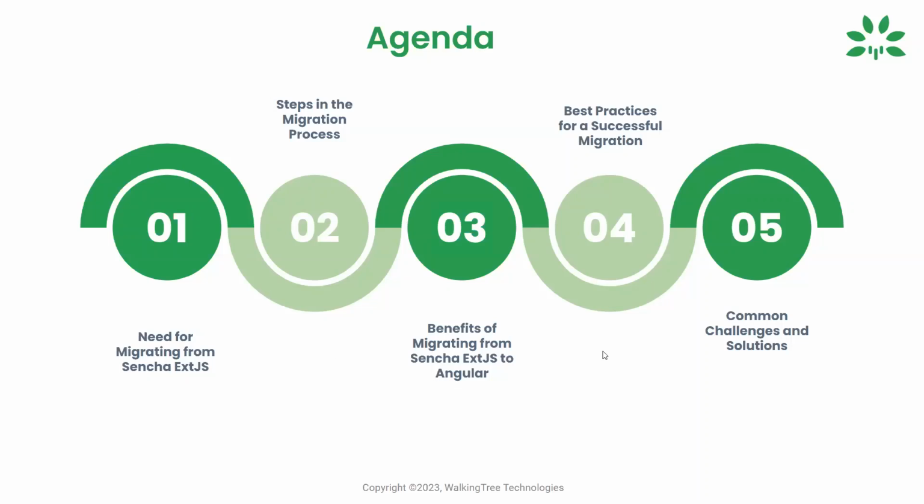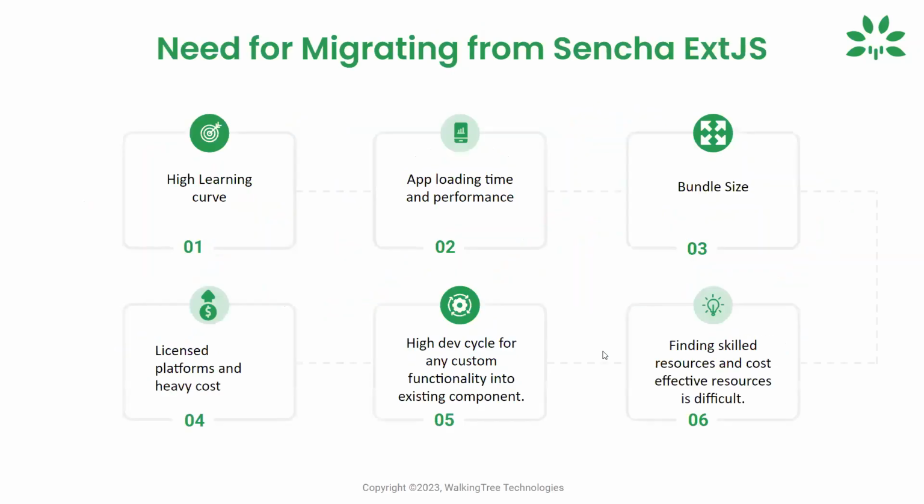Okay. So let's move on to understand the need for migrating from a Sencha Ext JS application. As we know, I'm expecting everybody joining this call understands, or at least has a little experience with Sencha Ext JS. When we talk about Sencha Ext JS, the 140 plus pre-built UI components, extensive data package, and theming, these are the high-level three things that we could think of for why we should build a web application in Sencha Ext JS, right?